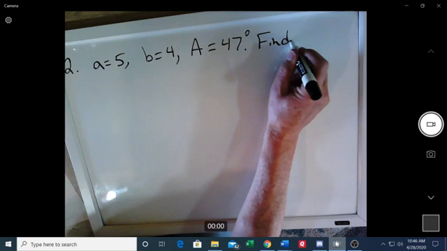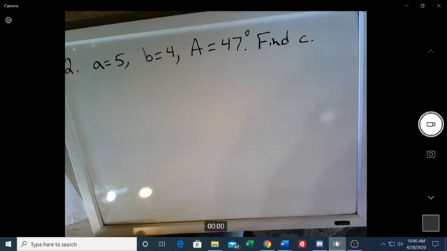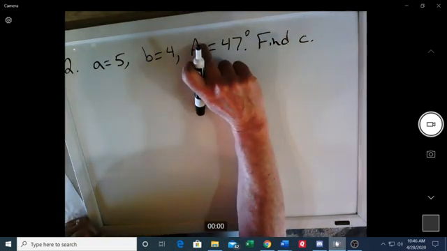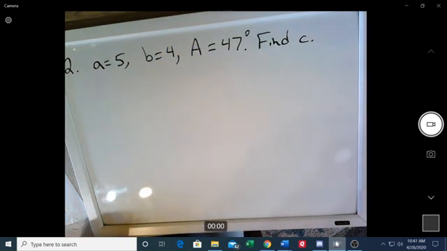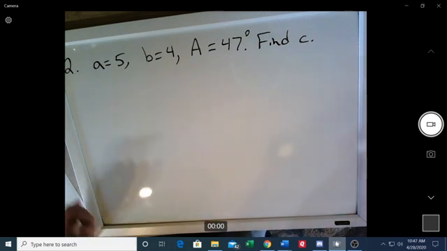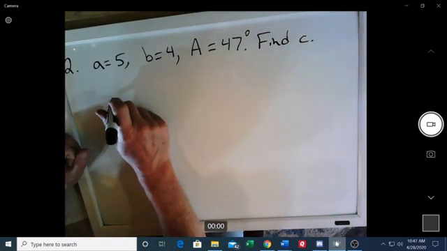Find C. Now, what I'm introducing to you here, it's in a practice quiz, but it's actually just introducing an idea. It's the standard way that triangles are set up. And the standard way is this. Now, this is a right triangle.